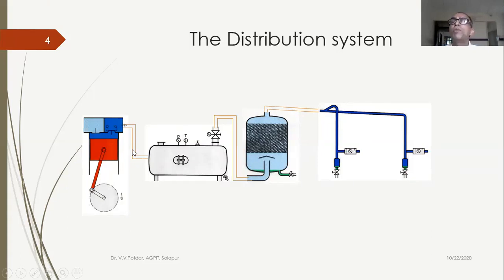You might get a fluctuating air supply, isn't it? When the compression stroke is there, the discharge pressure will be a pulsating airflow. We want a stabilized airflow. So this receiver also works as an accumulator or stabilizer, so to say. Then from there it goes through a dryer and then through the piping network. And this drain is meant for removing the water that is accumulated in the compressed air.